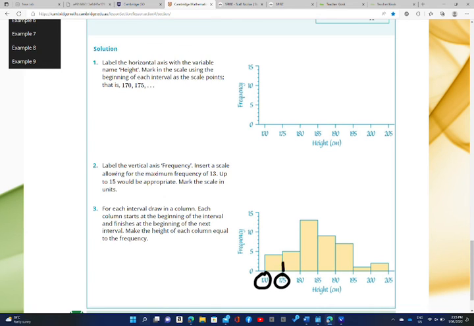So these boundary points are what you're going to put on the chart, not the range of numbers. And again, because they are continuous, you're just going to get bars that touch. All right? So grouping in ranges of numbers and having the bars touch are the only difference.